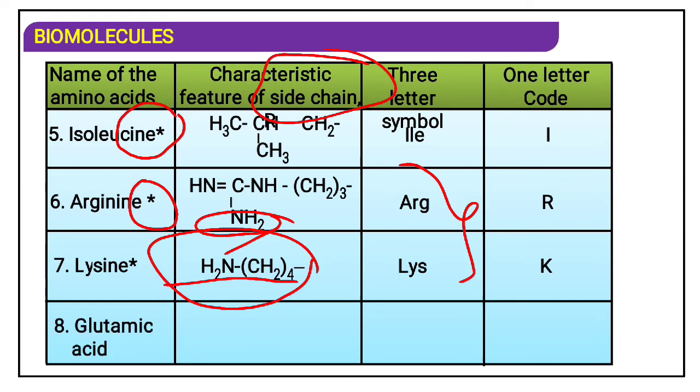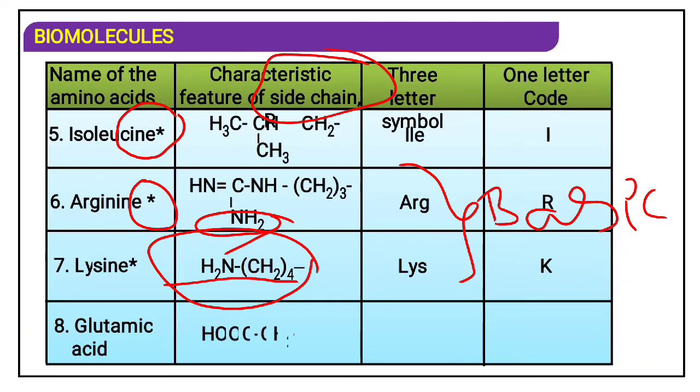Not only these two, another one will also come, which we discussed, that belongs to the basic amino acids. Arginine and lysine belong to the basic amino acids and also to the essential amino acids.